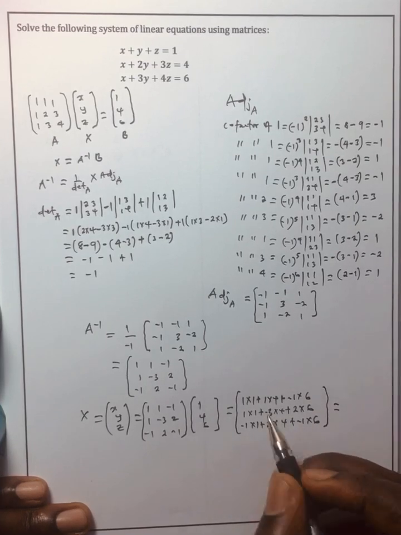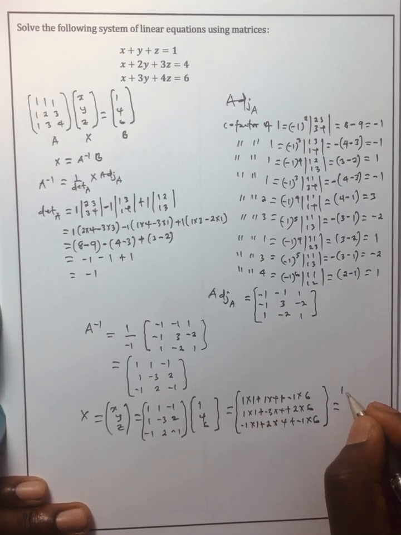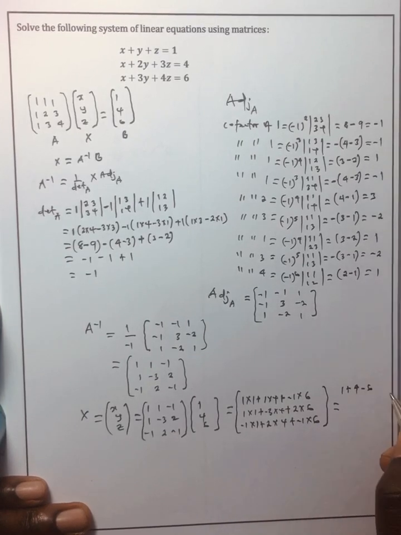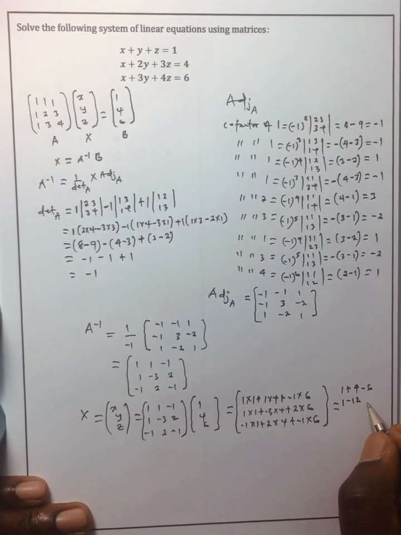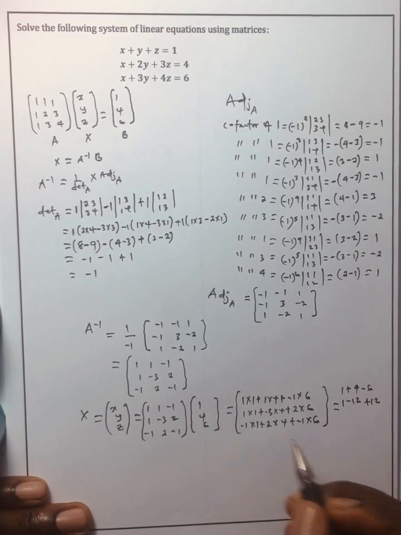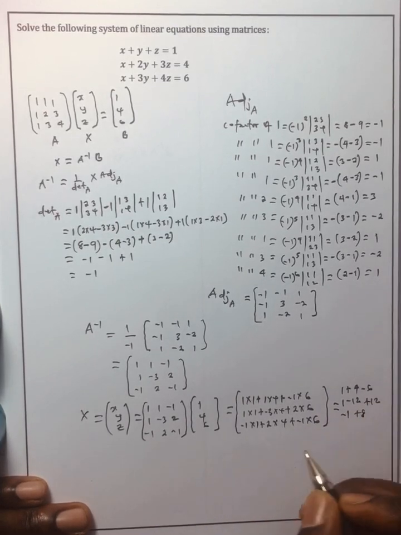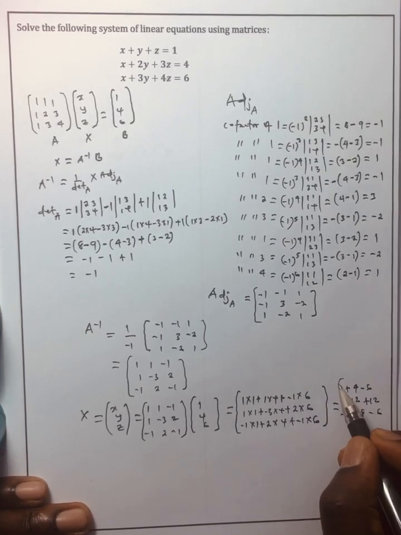So if you simplify that, we're going to have 1 plus 4 minus 6. You're going to have 1 minus 12 plus 12. You're going to have negative 1 plus 8 minus 6.